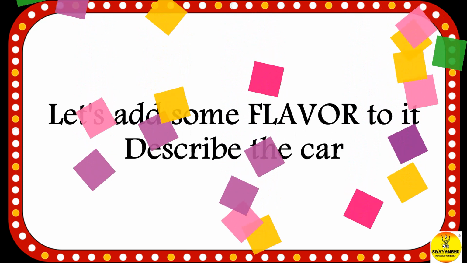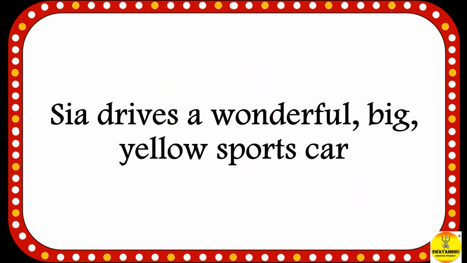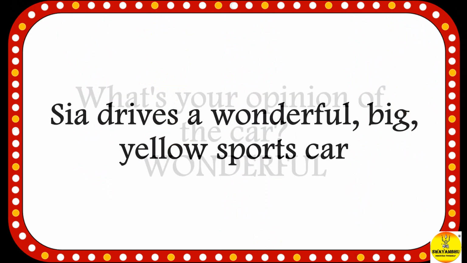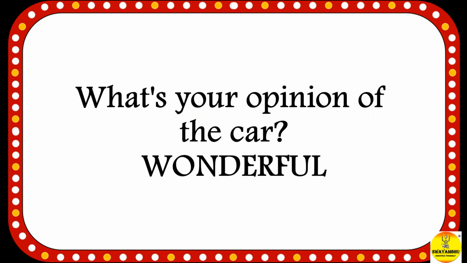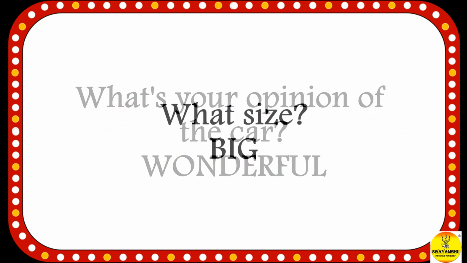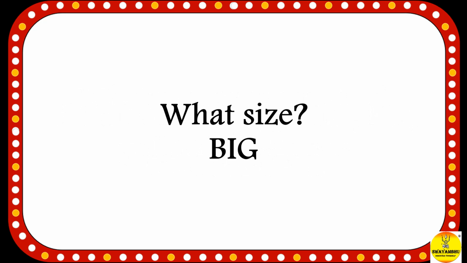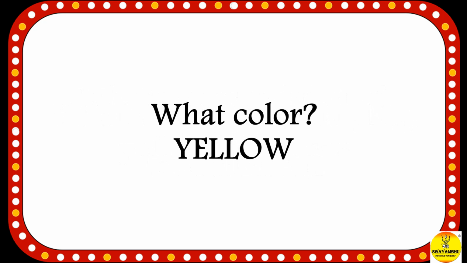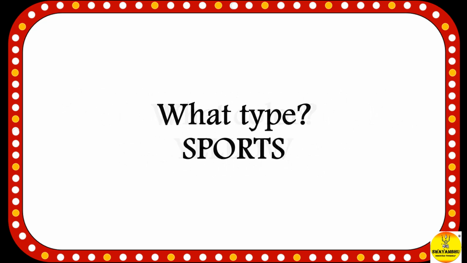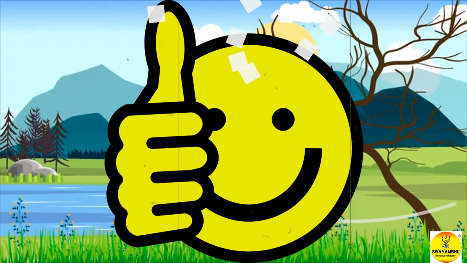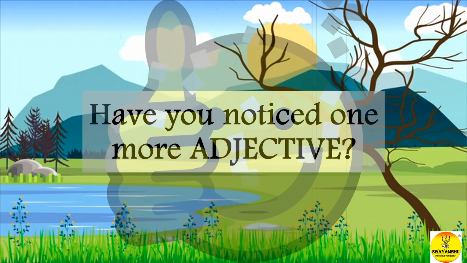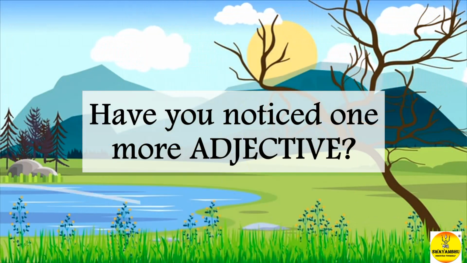Describe the car. Sia drives a wonderful big yellow sports car. What's your opinion of the car? Wonderful. What size? Big. What color? Yellow. What type? Sports. How was the description? Great.